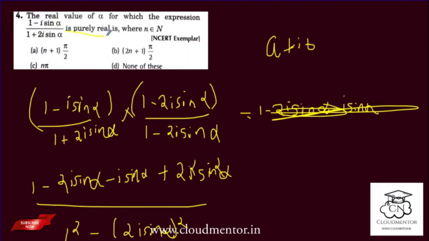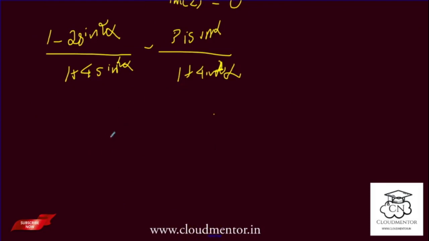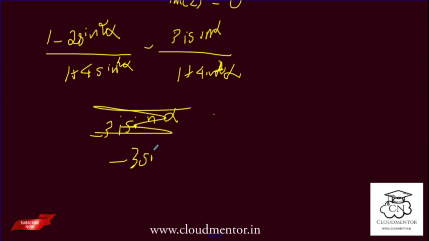Okay, purely real. So the expression must be purely real. So that means, leaving the i, the imaginary part is minus 3 sine alpha divided by 1 plus 4 sine square alpha, and that must be equal to 0.